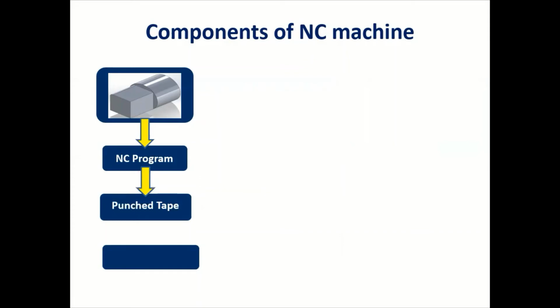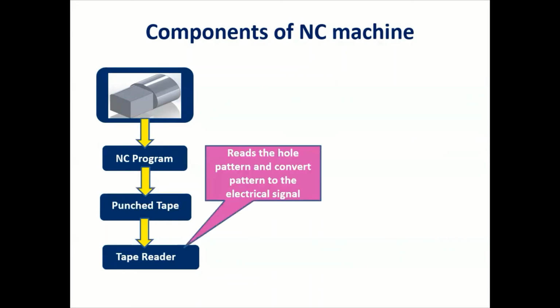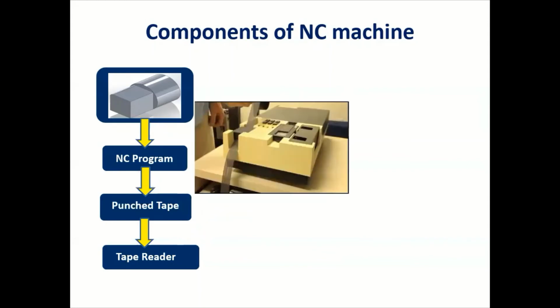Then this punch tape has to be forwarded to the tape reader. The function of the tape reader is to read the whole pattern on the tape and convert that pattern into an electrical signal. For that, we require a tape reading machine.